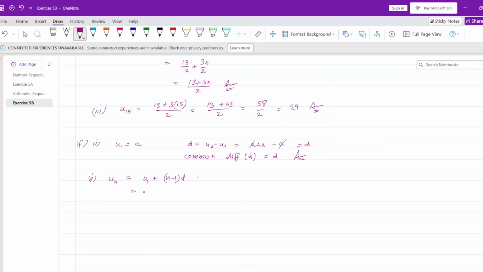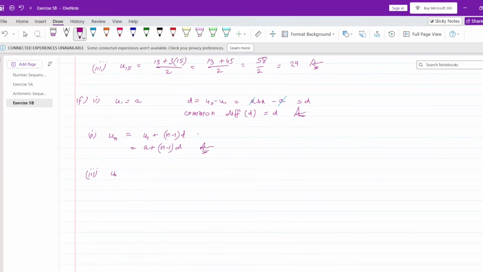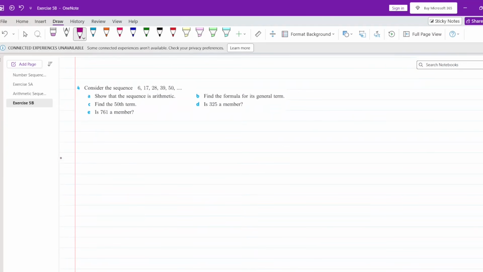So we know u1 is a, plus n minus 1, and d is equal to d. So this is the formula for the general term. Find the 15th term. So u15 is going to be a plus 14d. That's the answer. Let's go to the next question.